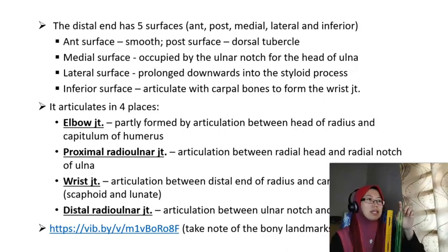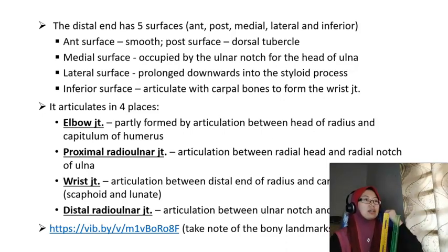This radius also forms a joint with the ulna: the proximal radius, the radial head, and the proximal part of the ulna, between the small radial head and the radial notch of ulna. So there's another joint here.